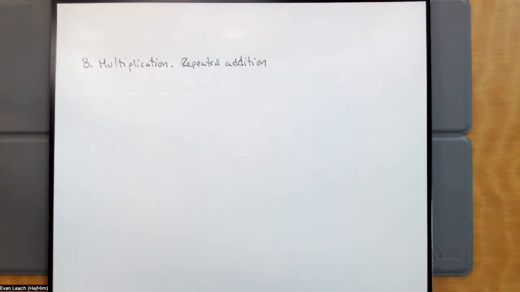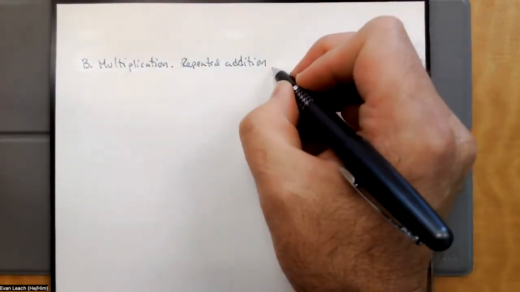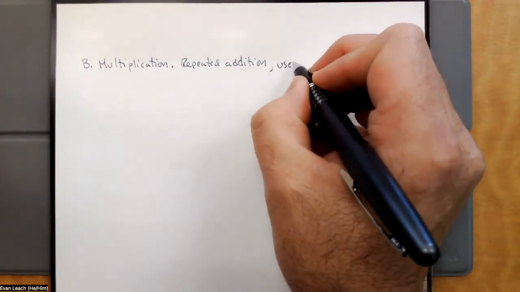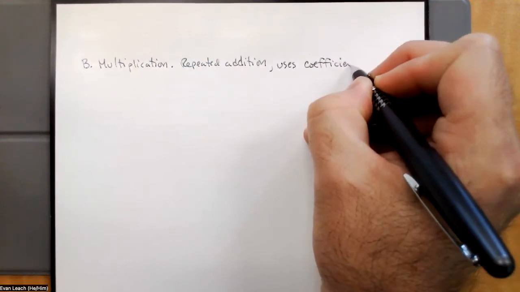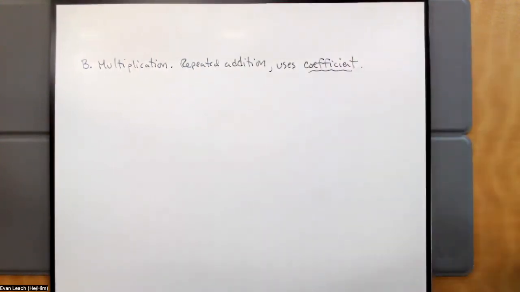And for notation, we use a coefficient. Multiplication is repeated addition and uses the coefficient slots.